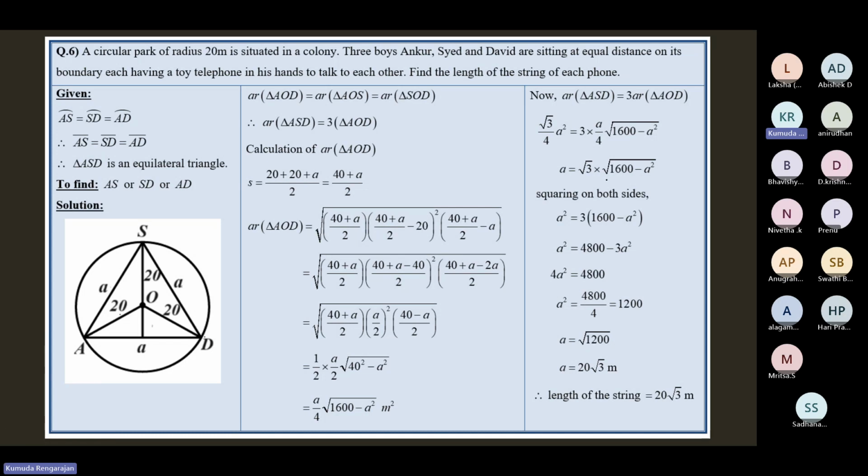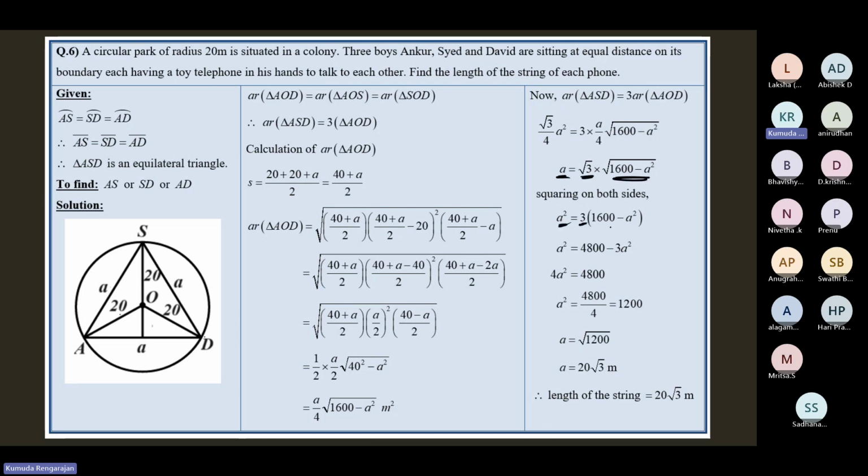So now at this point, square on both the sides because you want to get rid of the square root. So squaring on both the sides, you have a square is equal to, when you square this, it becomes 3.